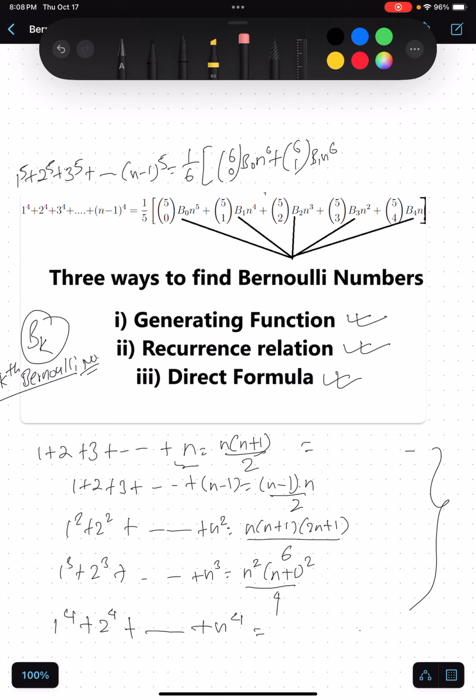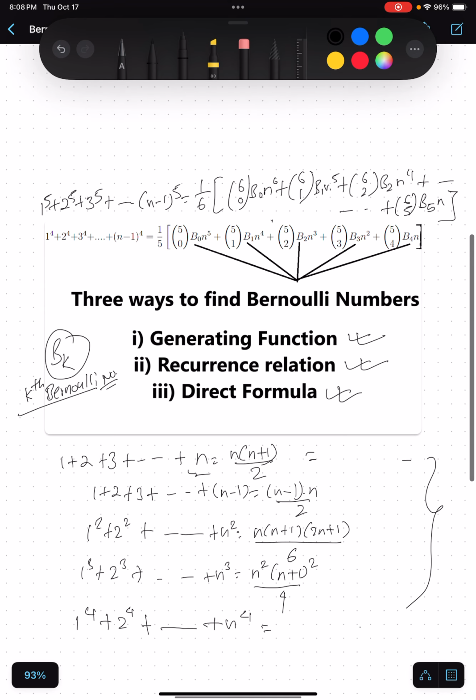Now this goes on decreasing, plus 6 choose 2, b2, n to the power 4. This goes on up to 6 choose 5, b5, and right. And if we generalize this, we can find the sum of kth powers.